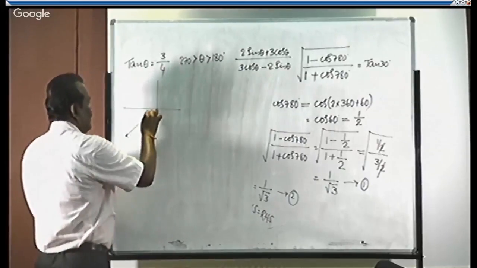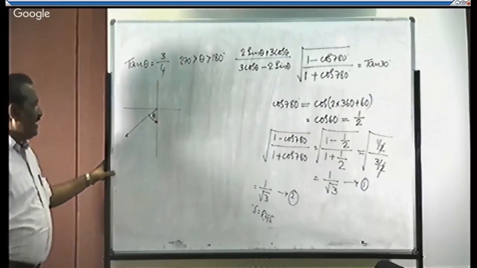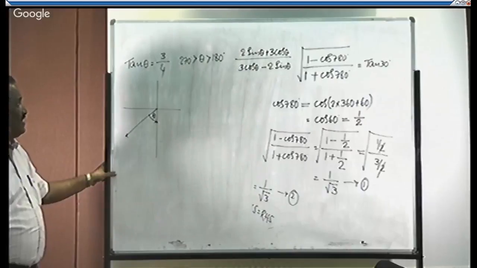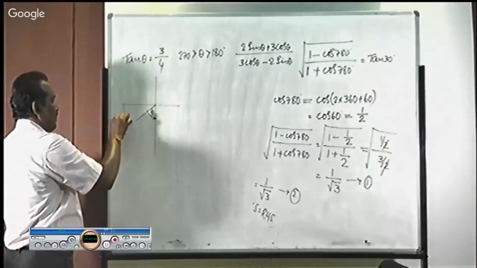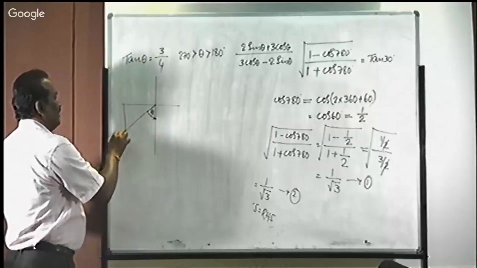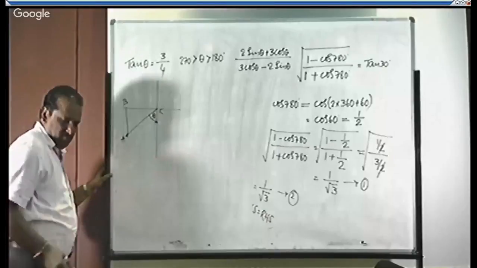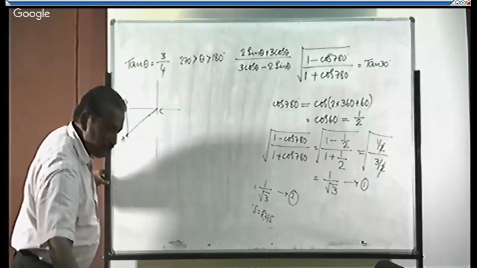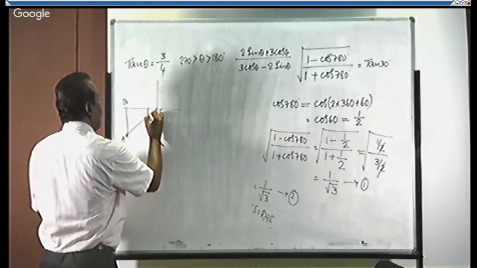So this is theta now. What does it define? It defines the tangent of an angle. Tangent of an angle is 3 by 4, so draw a perpendicular to the x-axis. We can say A, B and C. This is theta now.